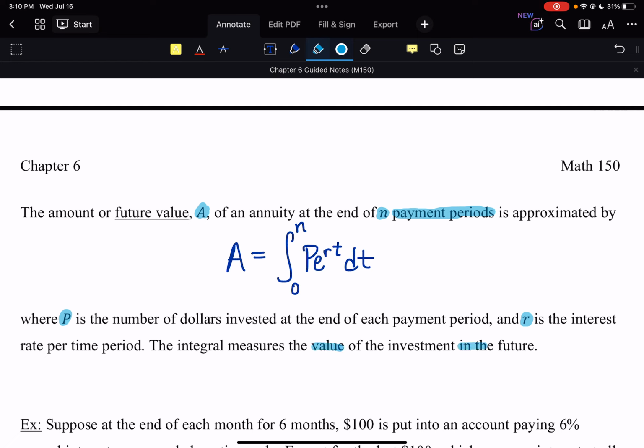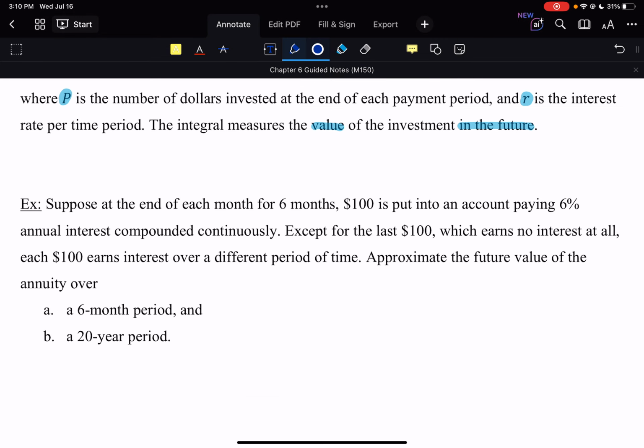So our value in the future, which obviously is why we call it future value. So we have continuous growth being extended over N payment periods, okay, with dollar amounts being invested in each pay period. So let's take a look at an example that we can try with this.